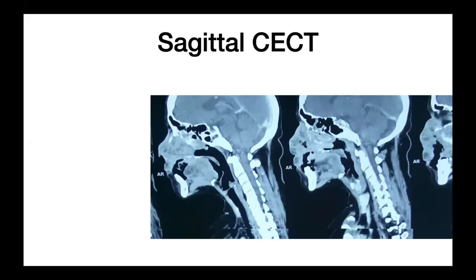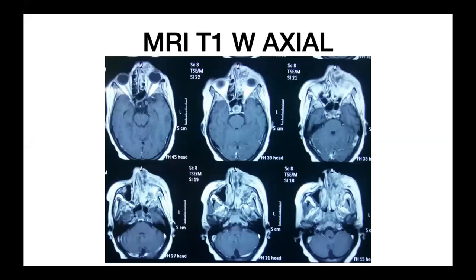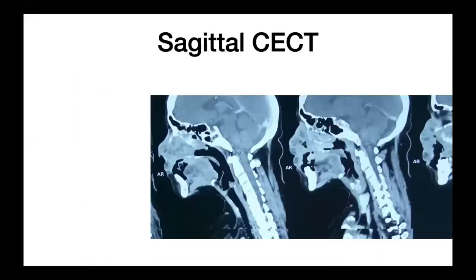Prevertebral muscles are free. The nasal bone, the ipsilateral side of the nasal cavity is involved. However, there is no erosion of the septum, as we saw in the axial cuts also.